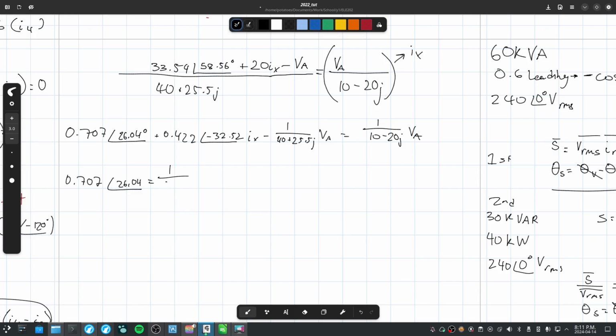So we get 1 over 10 minus 20j VA plus 1 over 40 plus 25.5j VA minus 0.422 with a phasor of negative 32.52 times our IX, which is 1 over 10 minus 20j VA.